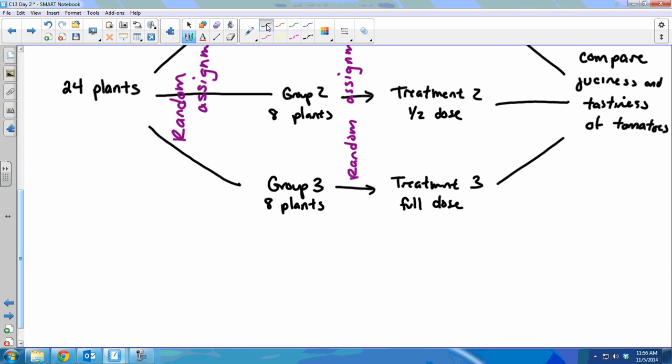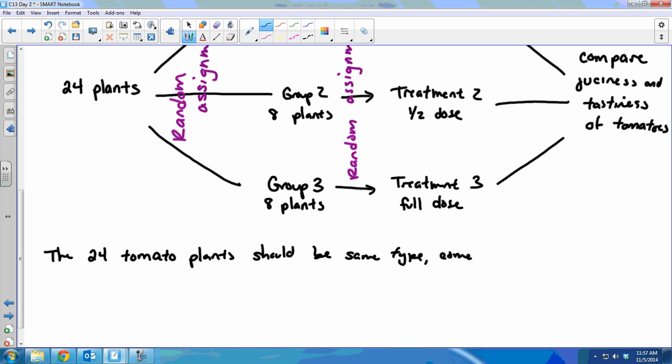All right. We need to start with the 24 plants. What needs to happen with these 24 tomato plants? They need to be the same type, right? Should be the same type, come from the same environment, right?